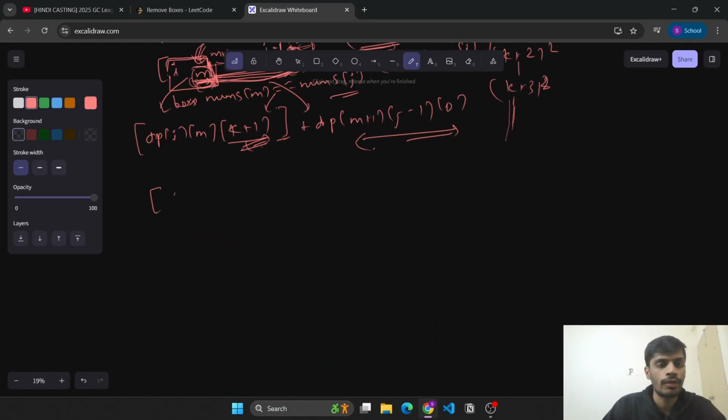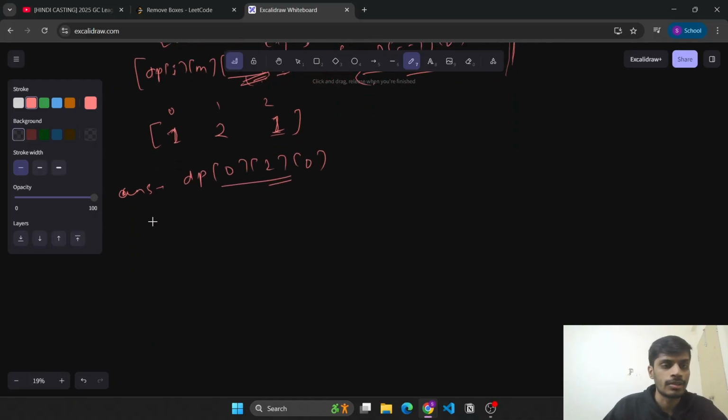Let's try to see for a given input result. Suppose it was 1 2 1. Initially, the final answer will be in dp of 0 to 2 with 0 elements on the right with color 1, because we do not have any boxes of color 1 on the right. We need to solve this.